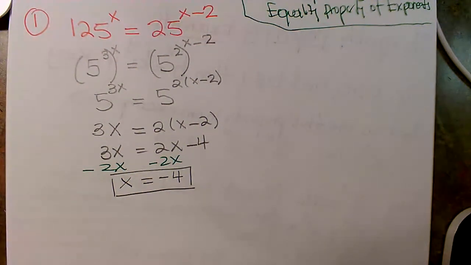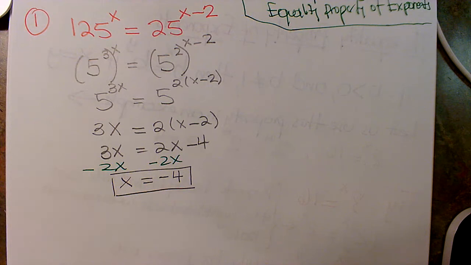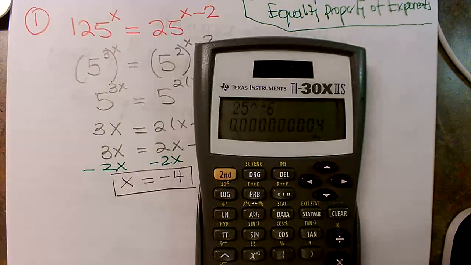So we can check this in the calculator. Let me try that. 125 to the power of -4, and 25 to the power of -6, right? Yep, I get the same thing. Look how I check it in the calculator.